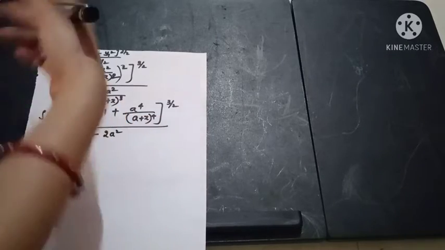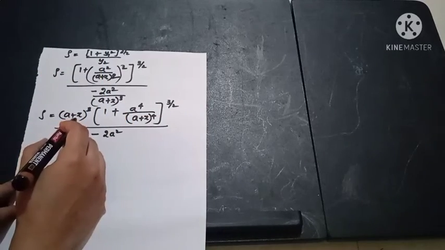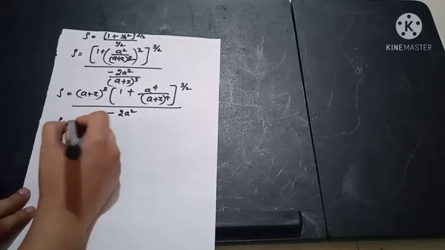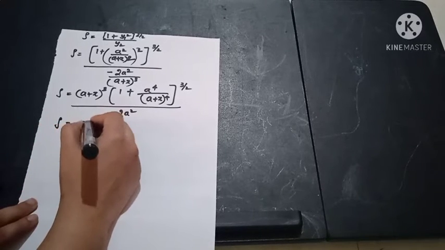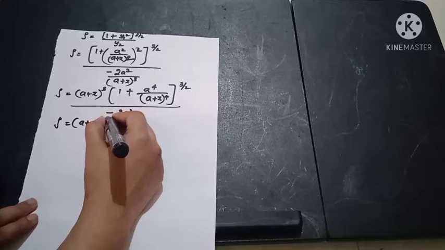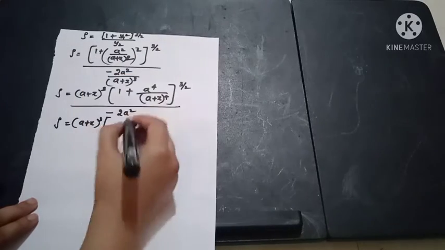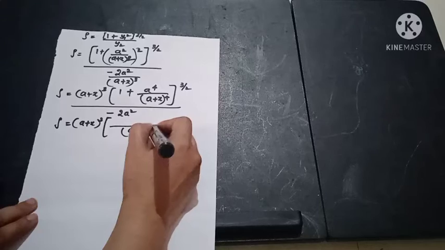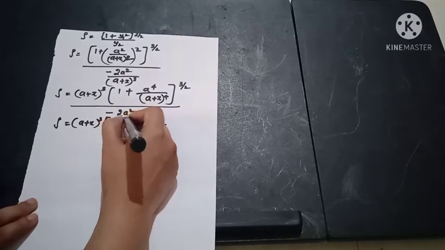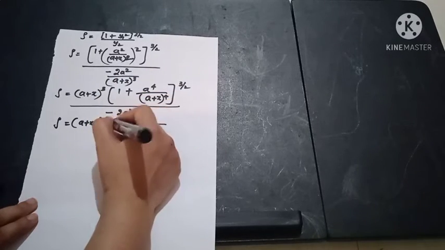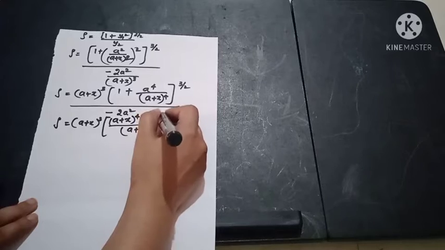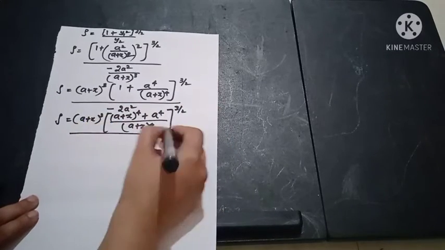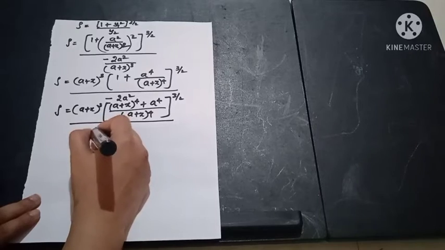This a plus x whole to the power of 3 goes to the numerator. So rho is a plus x whole to the power of 3. We will take the LCM: a plus x whole to the power of 4 into 1, plus a to the power of 4, whole to the power of 3 by 2, upon minus 2a square.